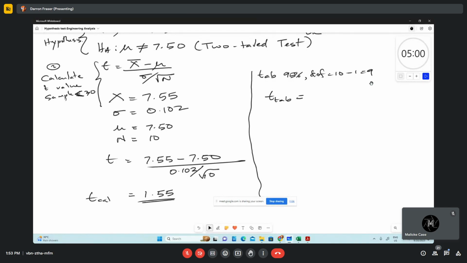Now, remember last week we said for a two-tailed test, 95% means that over here is 2.5 and over here is 2.5. But we're looking at both ends.